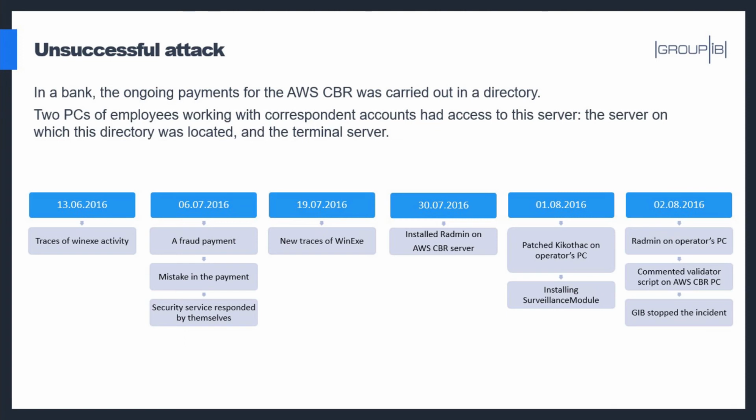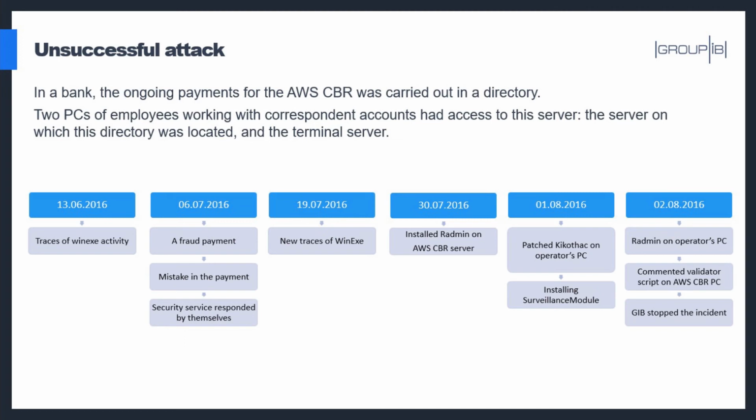It is an analog of the SWIFT system in Russia, but they made a mistake in the payment, and the security system blocked the transaction, and the security service of the bank began to conduct a response on their own.